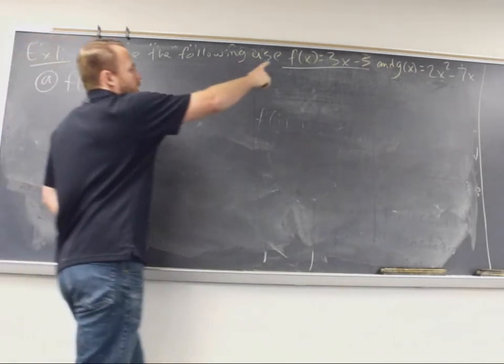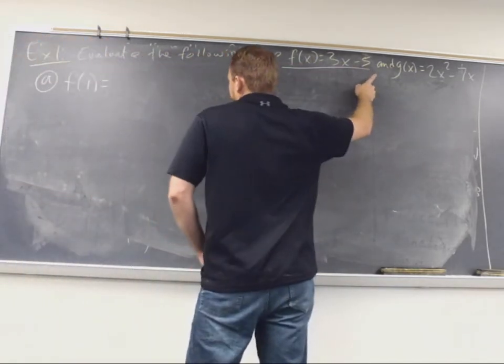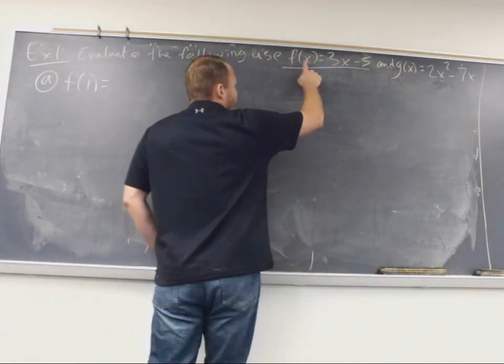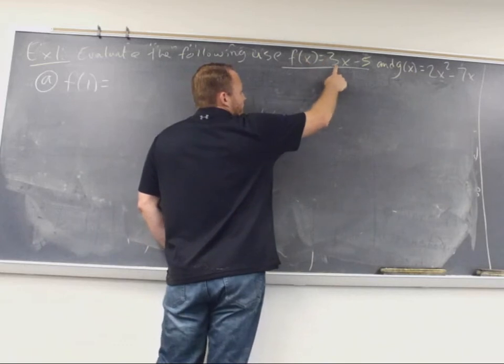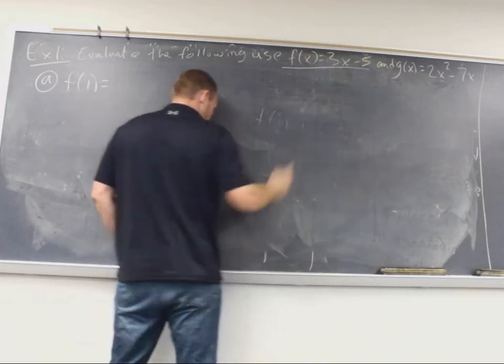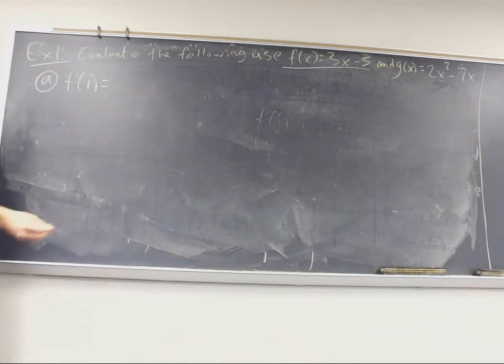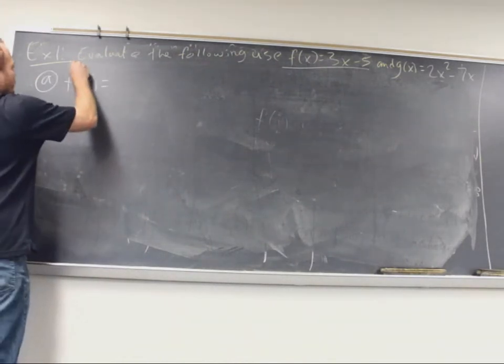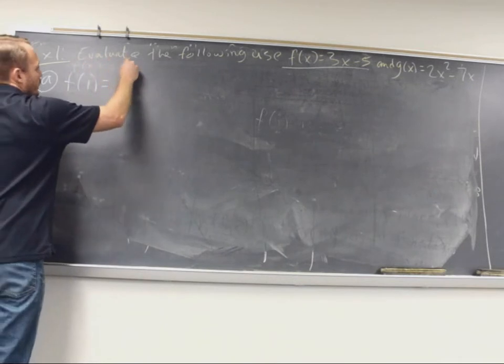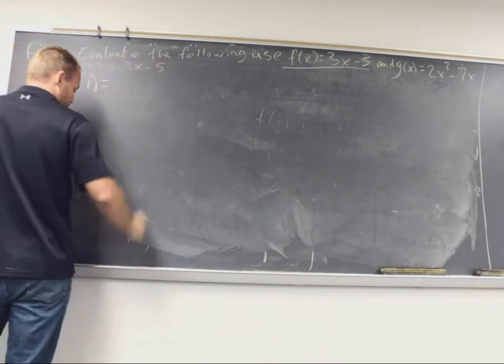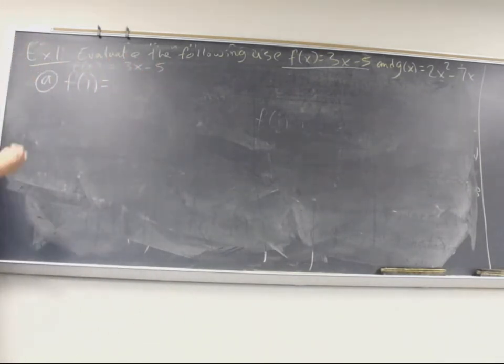So everywhere there's an x over here, I plug in a 1. All right? So it would be f of 1 is equal to 3 times 1 minus 5. And if it helps, for the first couple examples, you can write the function you're using above it. But I wouldn't get in the habit of using that as a crutch, just to get your bearings about you and get going.